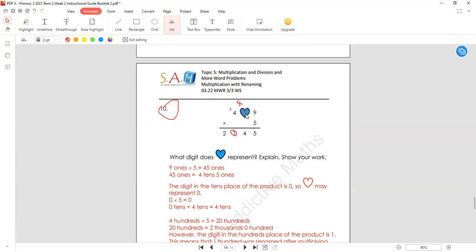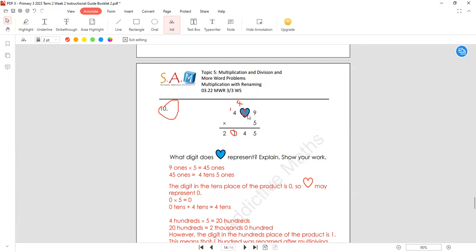So if 0 is not right, they can try 1. 1 tenth times 5 equals 5 tenths, right? 5 tenths plus 4 equals 9 tenths. Doesn't make sense. What if it is 2? 2 tenths times 5 equals... sorry, what am I saying? 2 tenths times 5.